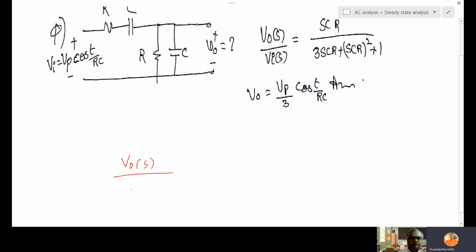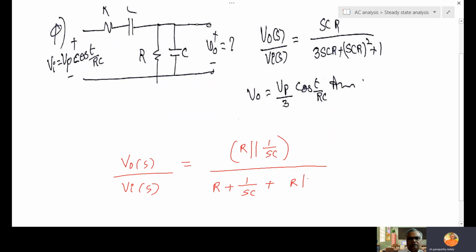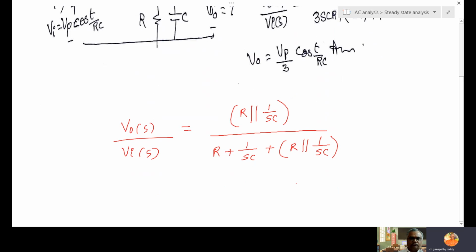V naught of S by Vi of S. In the S domain, this is 1 by SC, na? So R parallel with 1 by SC, divided by R plus R parallel with 1 by SC. This you have to simplify.